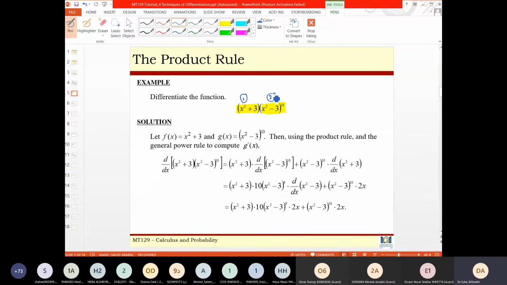So the derivative is: we differentiate the first and keep the second as it is, plus the derivative of the second times the first as it is. So this is what they did here.